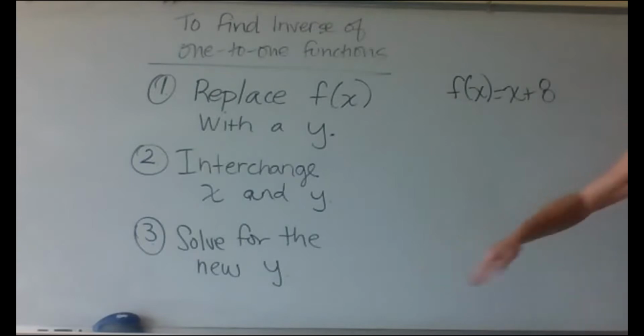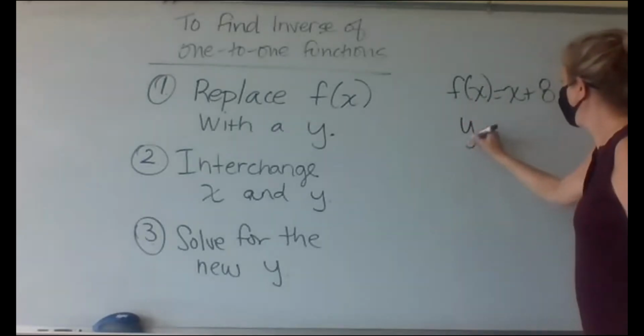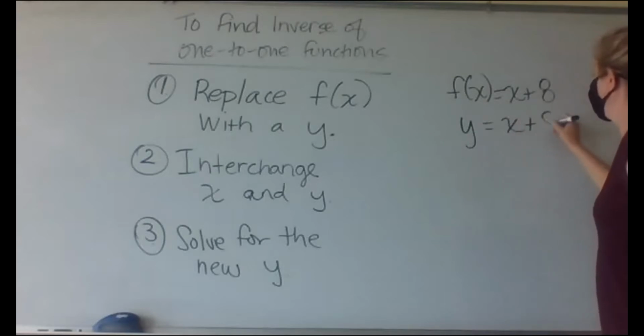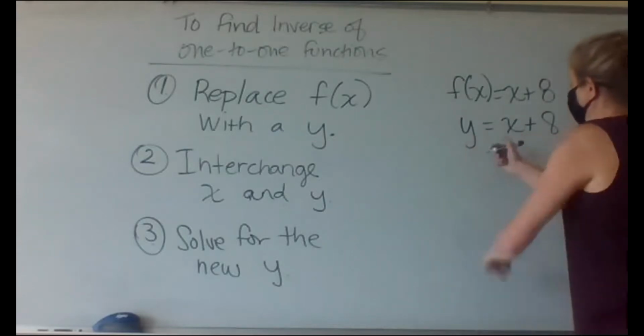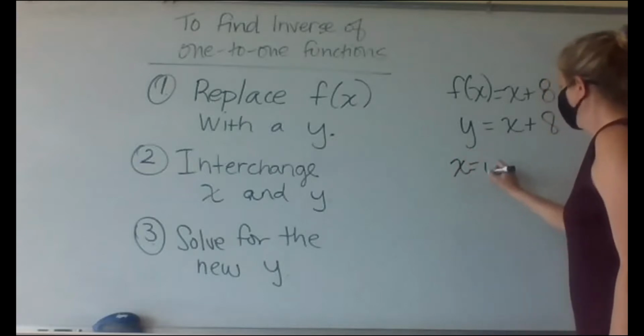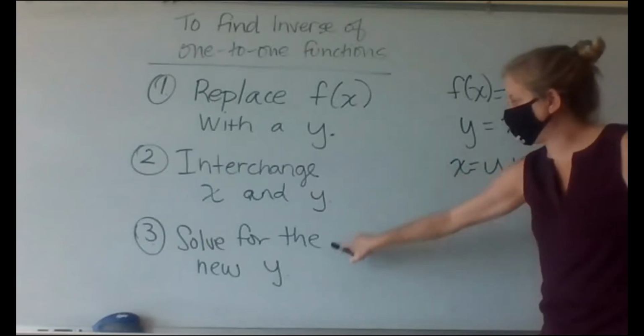That's where you follow these 3 steps. So my first step is, if I have an f of x, don't write it as f of x, write it as y. So y equals x plus 8. Then interchange your x and your y. So flip them. So x equals y plus 8. After you interchange the x and the y, then what do you do?